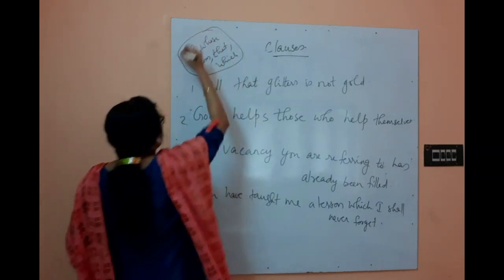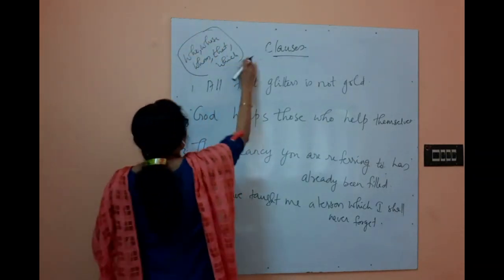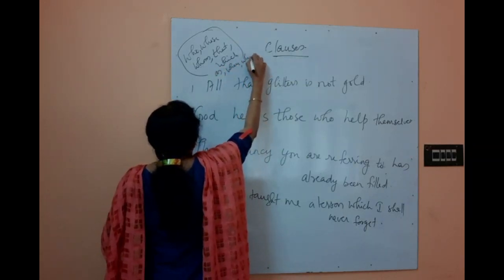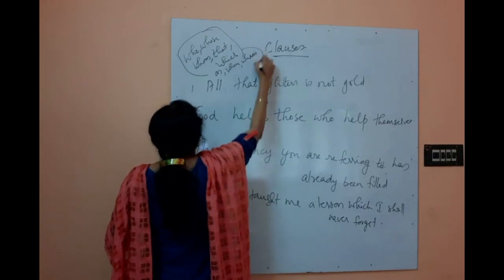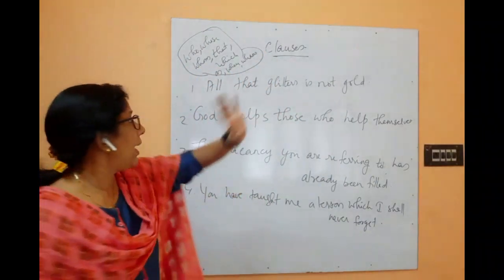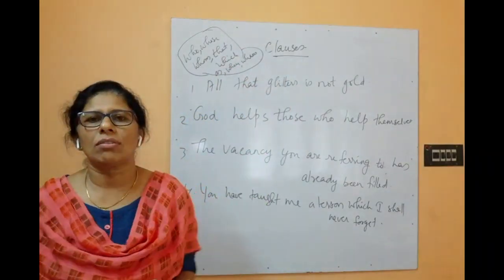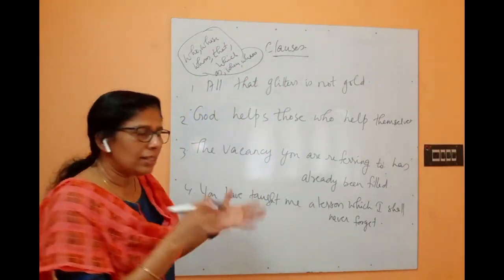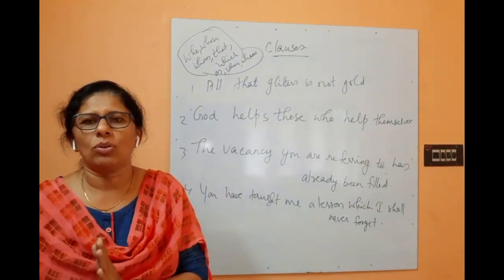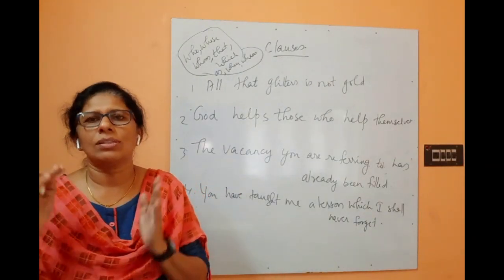The exceptions are also as, when and where. If any of these is there in the sentence, you can understand that from that part onwards the adjective clause starts.